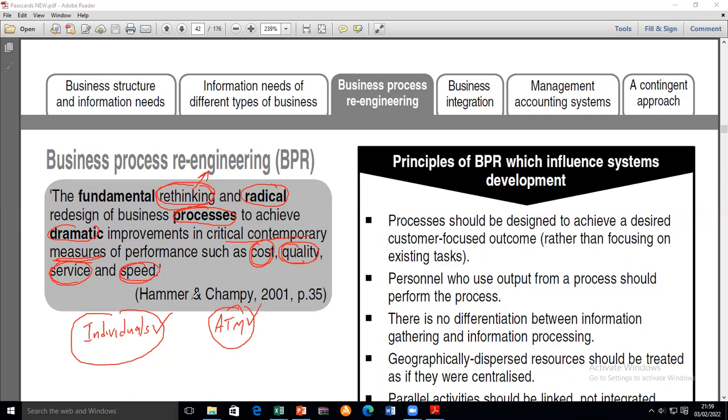Do you agree? That the ATM technology has made a big difference? It does. What about telephone banking? Telephone banking and internet banking. What do you think about this? What is happening?